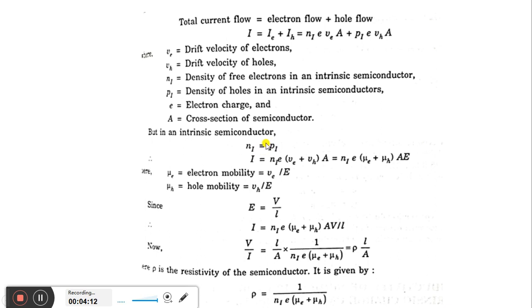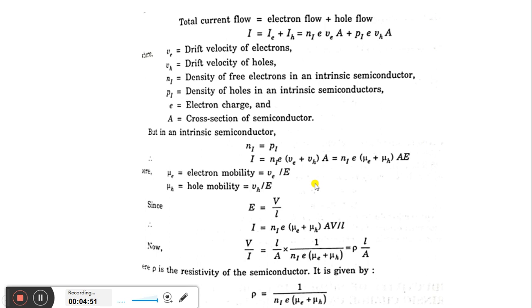So if you replace Pi with Ni in this expression, we can write the total current I equal to Ni e (VE plus VH) times the area of cross section, or we can write it as Ni e (mu E plus mu H) A E. Here what we have done is replace the drift velocity in terms of the mobility.